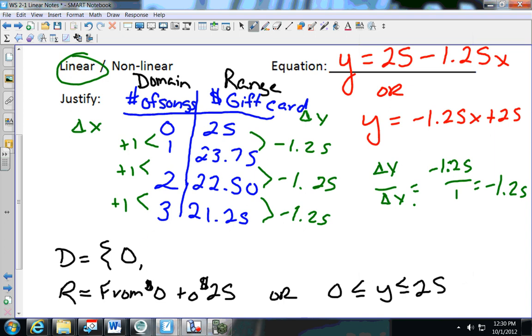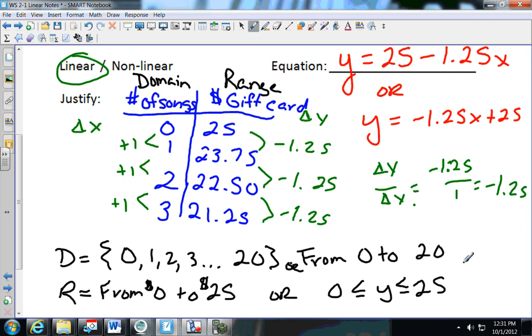I could write 0, 1, 2, 3 to 20. I could write from 0 to 20. Okay? You can't really write it like this because it's discrete. It's got to be whole numbers. Gets a little tricky on that one.